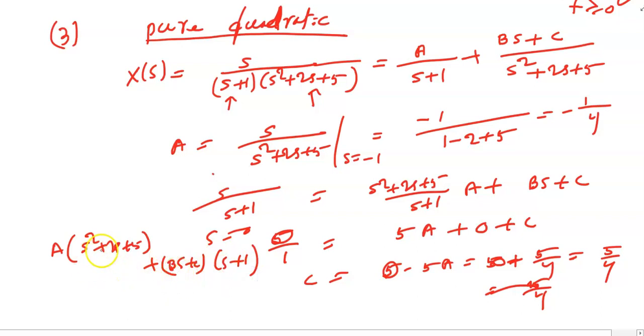So the coefficient of s square is A plus B. On the left side, the coefficient of s square is 0. So it is 0, so B equals minus A, so minus A means that is 1 upon 4.